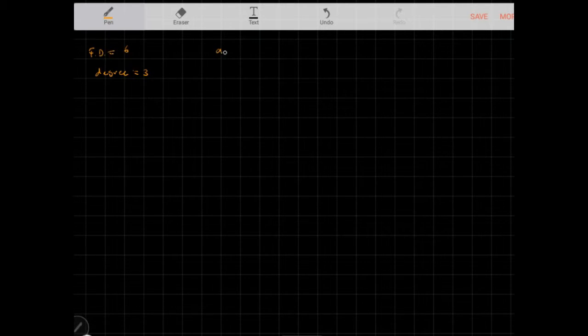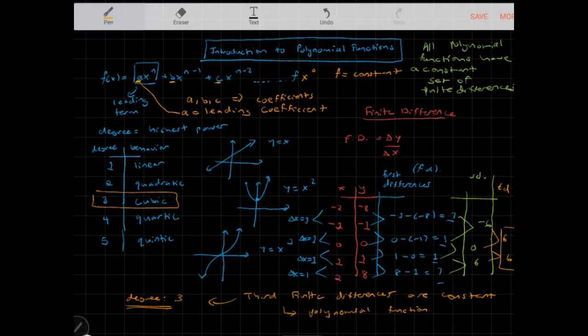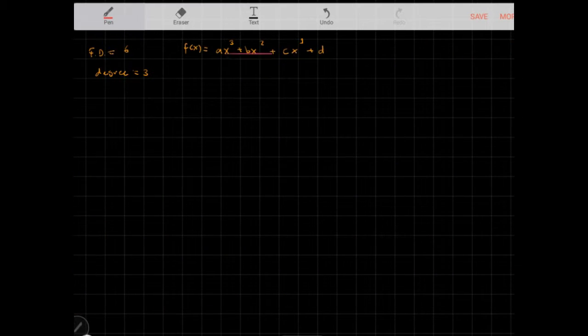As a result, we can understand that our cubic function f of x should be in the form of ax cubed plus bx squared plus cx to the power 1 plus d, because we're using this general template that I outlined here: f of x is equal to ax^n plus bx^(n-1) plus cx^(n-2) and so forth. So we're using that template to demonstrate that. So that's why I got this.